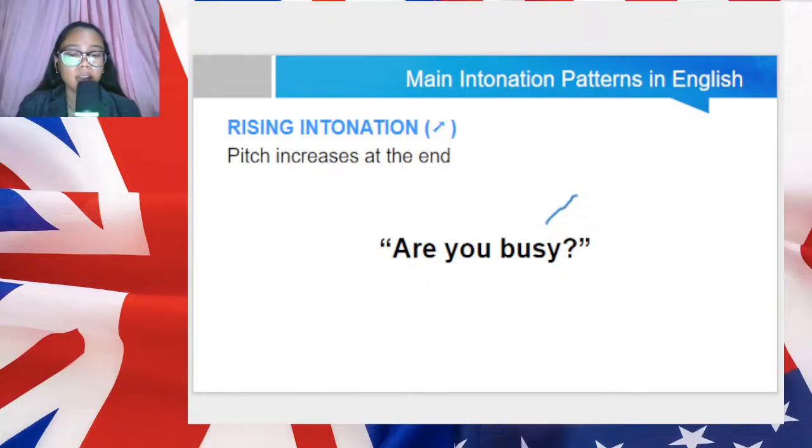All right. Okay. Consider the question, "Are you ready?" or "Are you busy?" When this question is spoken, the voice clearly and perceptibly rises on the final word. Okay. Ready. So this upward inflection is the signal of a yes or no question in English. It vocally conveys that the speaker genuinely does not know the listener's state of readiness.